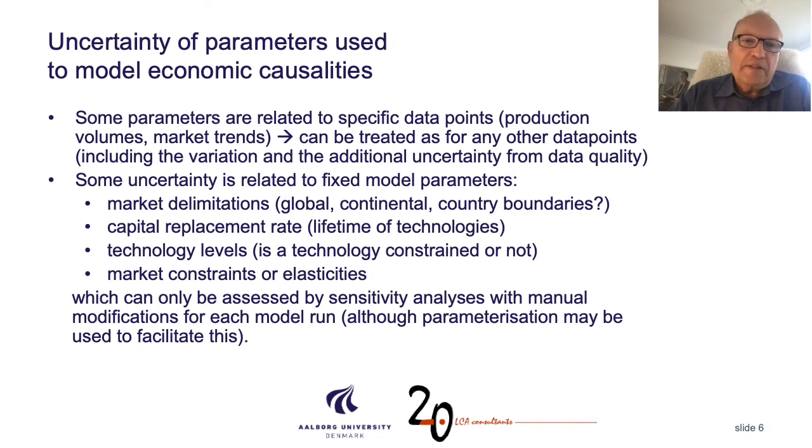All of these things, some of them might be treated as a parameter, but in some cases it's more like a fixed model parameter, and therefore it can only be assessed by sensitivity analysis with manual modifications for each model run.